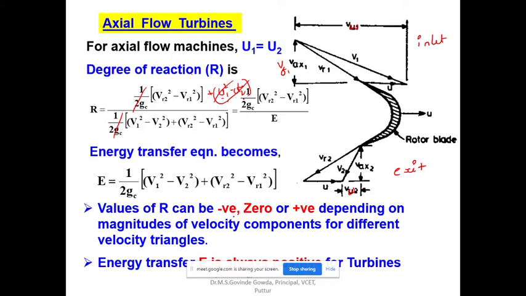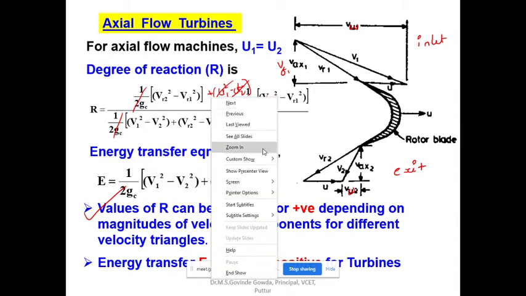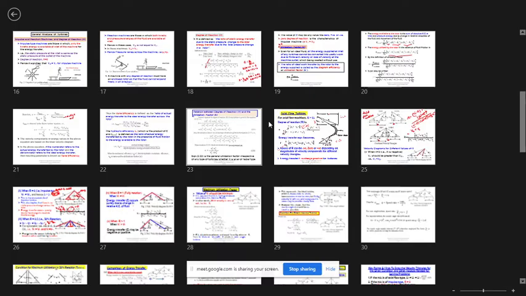Here in this statement, they are saying that the value of r, the degree of reaction, can be negative, 0 or positive depending on the magnitudes of velocity components. So based on the different magnitudes of velocity components, the degree of reaction can be positive, 0 or negative.